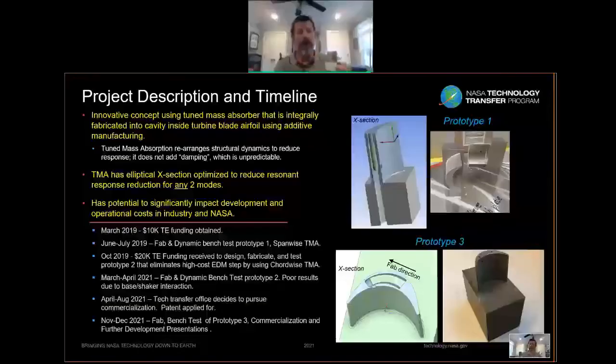The purpose of that hole is just for laser vibrometry measurement. When we measure the response of this prototype, we shine a laser through that hole and you can actually see the tuned mass absorber moving. What I've got shown here is the additive manufacturing right after it's been fabricated.